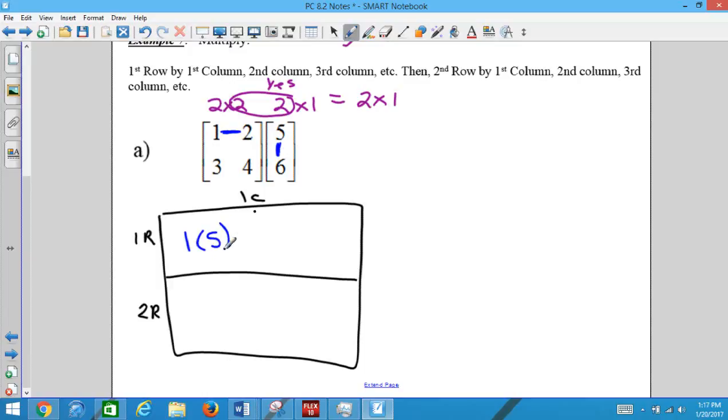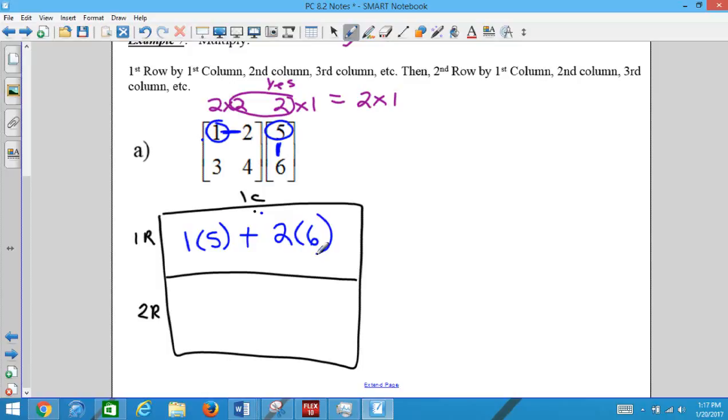You see where the 1 and the 5 are? Then I add that, and I multiply 2 times 6. So I'm multiplying the first numbers together, then I hit addition, and I go to the next numbers and multiply those together. And I would keep going until I'm out of the row and column. That's why the row and the column have to match.